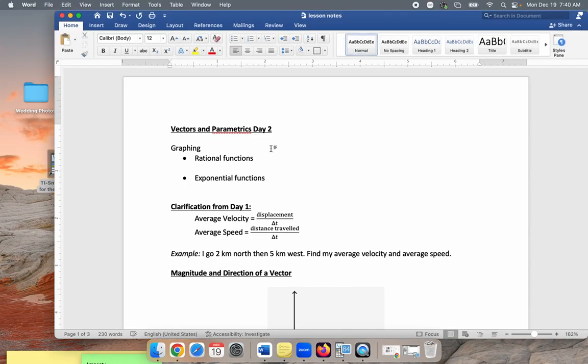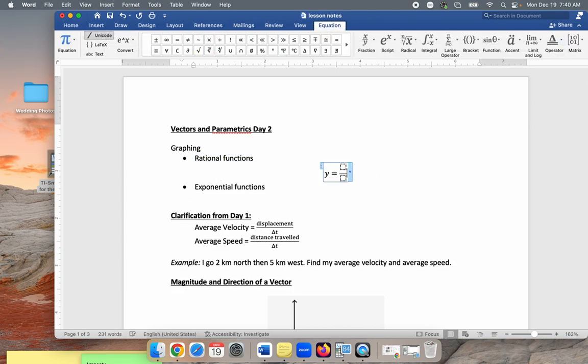The first thing I want to do is just make a couple of comments about some of the graphs that you should have seen in the homework over the weekend. I won't go over all of them today, but I'll pick a couple of the types of functions that you should have taken a look at. One of them is rational functions, which are functions that are fractions, of the form, for example, x minus 4 over x minus 7.